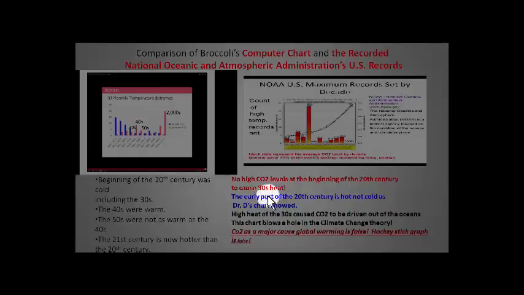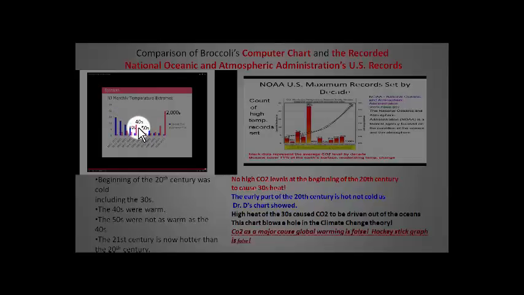Let's compare Dr. Broccoli's computer-generated chart on the left against the chart which has the actual recorded temperatures by the National Oceanic and Atmospheric Administration on the right, which includes New Jersey. Broccoli shows the cold readings in blue and the warm readings in red.